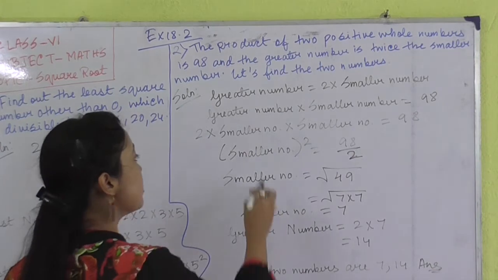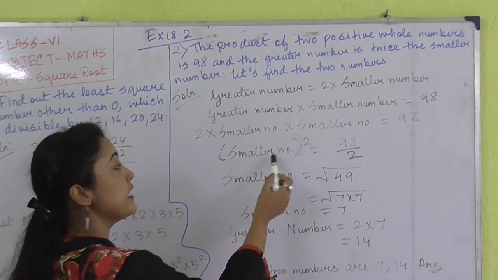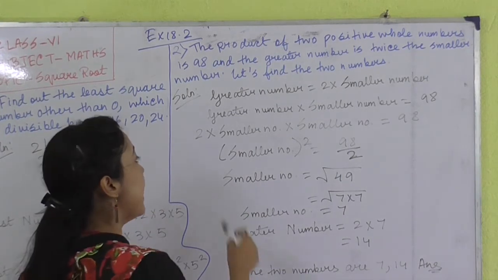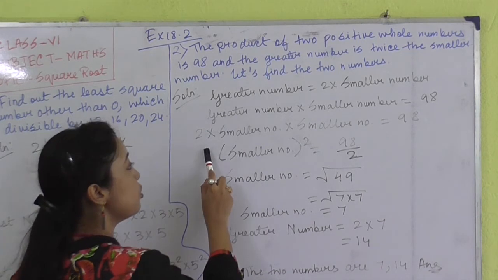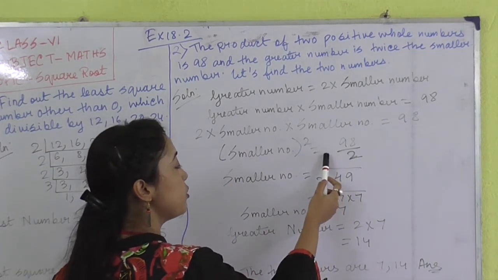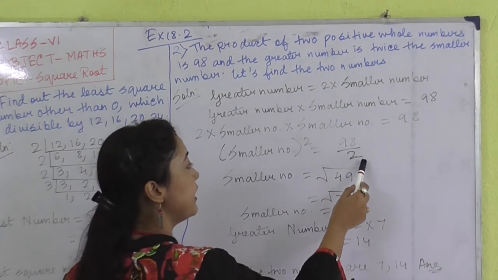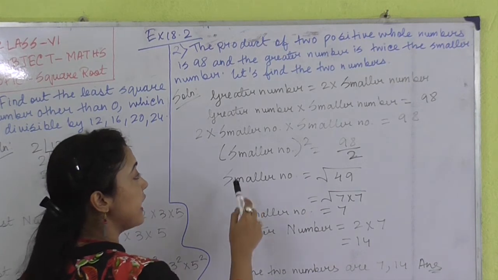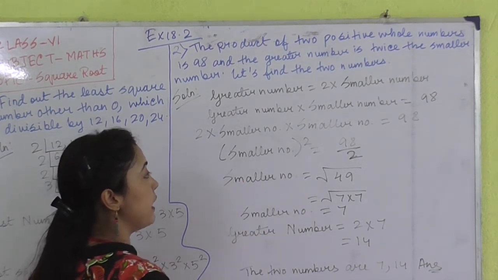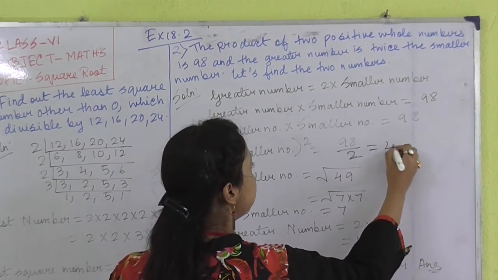So here smaller number into smaller number, we can take the square of the smaller number, and this 2 which is in the multiplication form, we will take to the right hand side of the equal to sign, then this 2 will be in the division form, that is 98 divided by 2. So we have taken the square of the smaller number, and 98 divided by 2 is coming as 49.